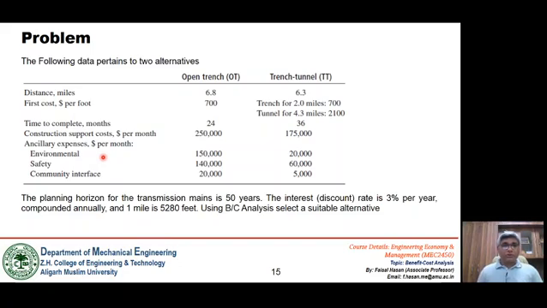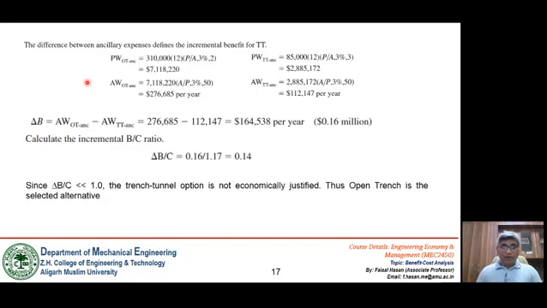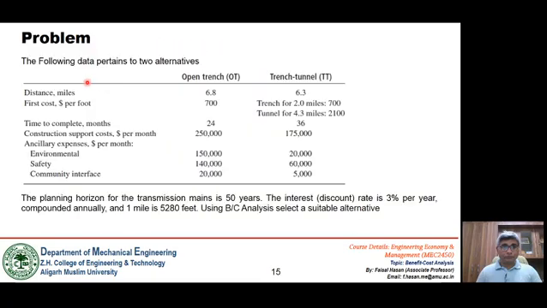So the first cost is given as $700 per foot. If we multiply these two, that is 700 into 6.8, that will give us the total cost. Since some of the data is in miles, we are converting.